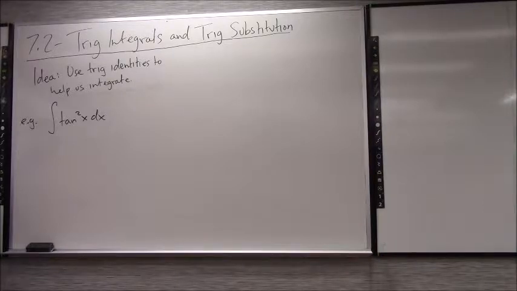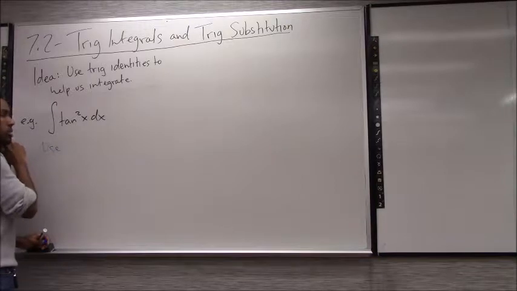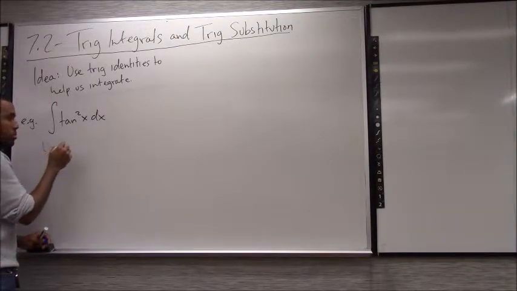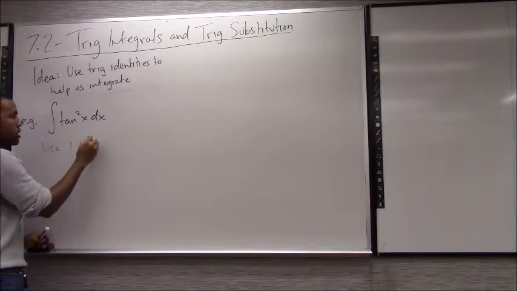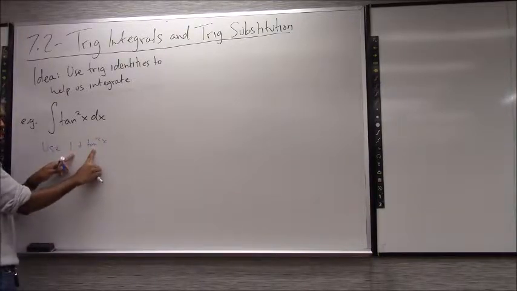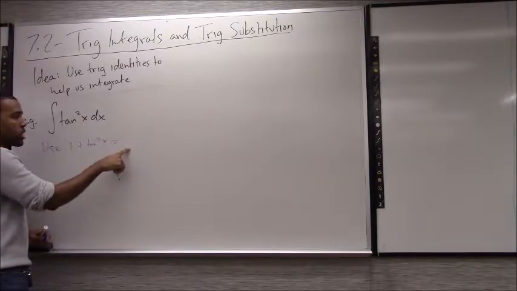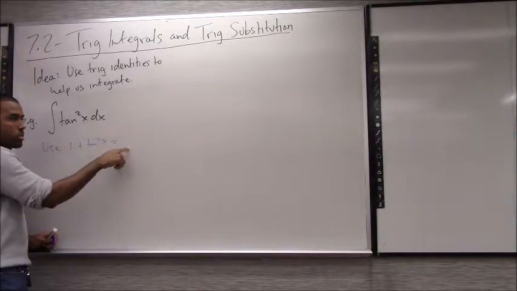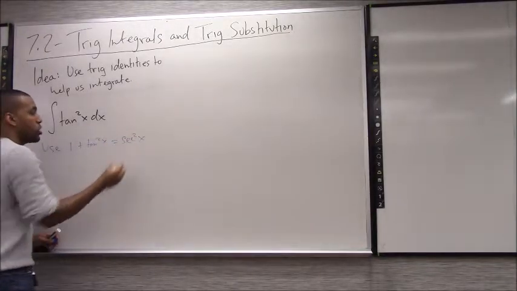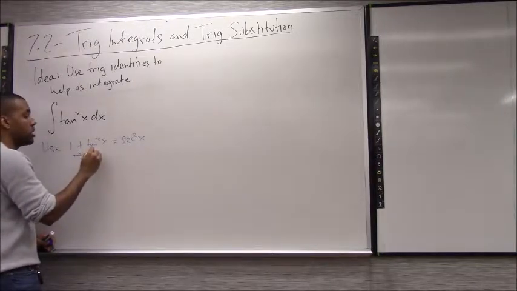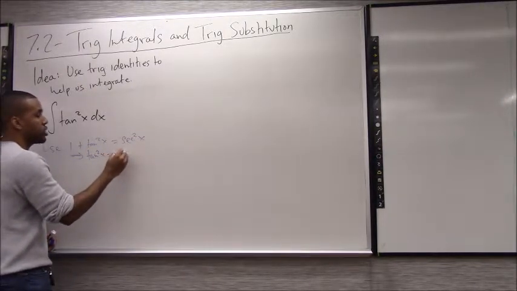Secant squared? It's 1 plus tangent squared, right? Because there's cosine squared plus sine squared, and you divide both sides by cosine squared, so you get tangent squared. On the other side, you have 1 divided by cosine squared, which gives you secant squared. Yeah. So you could actually use that identity to help you. This means that your tangent squared, you can actually think of as secant squared minus 1.